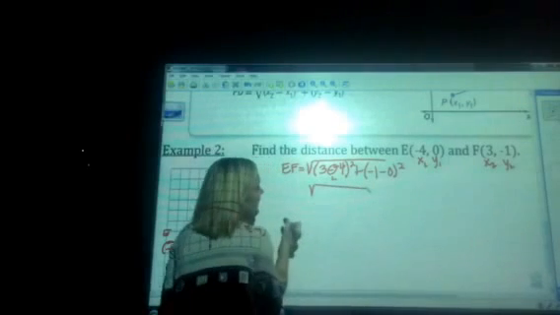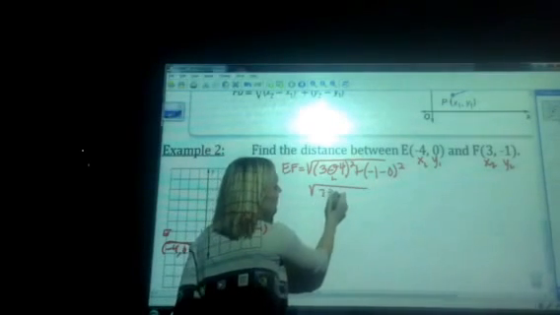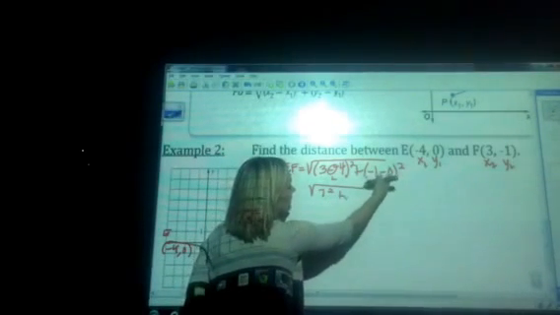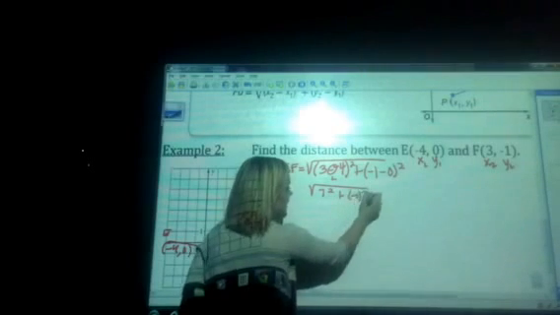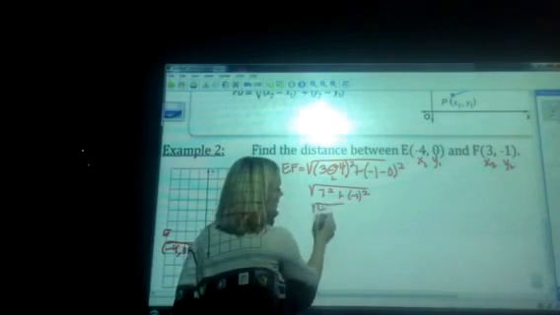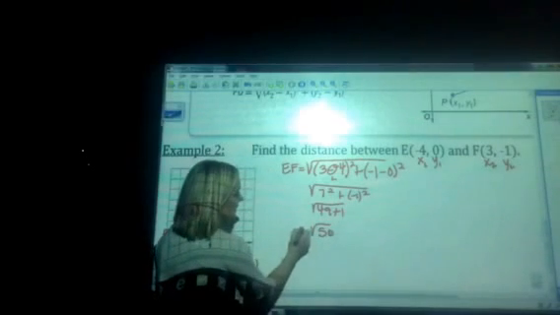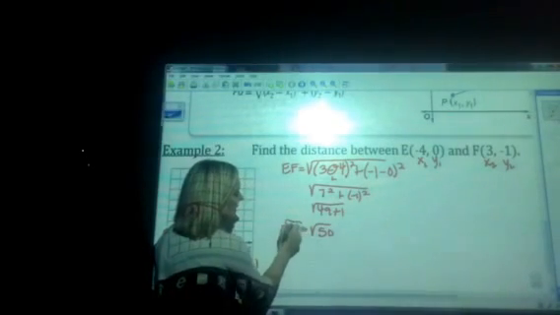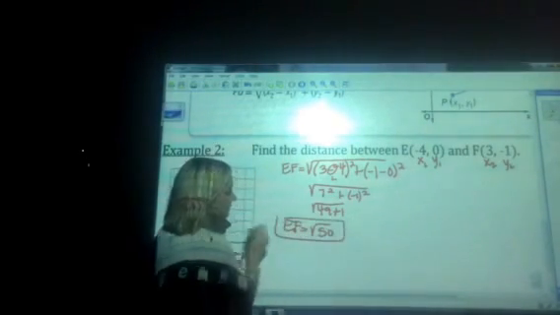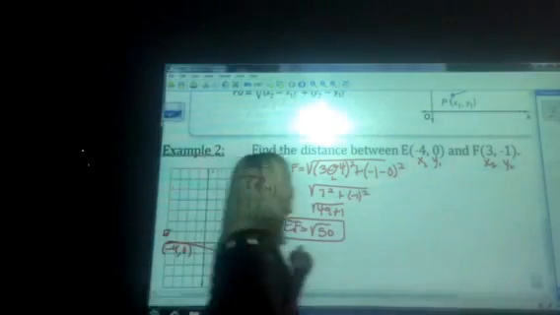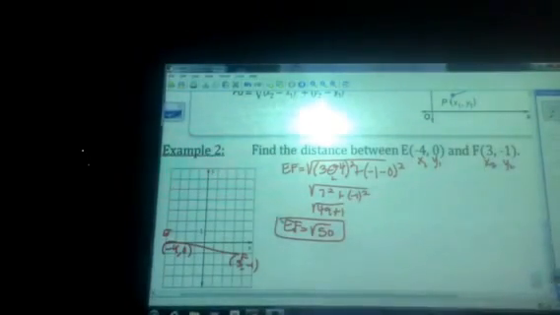We had the square root of 3 plus 4, which is 7 squared, plus negative 1 minus 0 would be negative 1 squared. We would have the square root of 49 plus 1, which would be the square root of 50. And you can leave it like that, okay? So that would be the length of EF. And if you wanted to, you could give it to me as a decimal as well, okay?